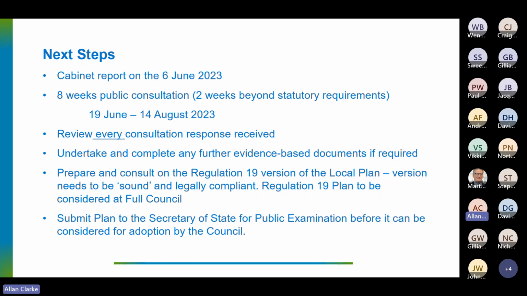We'll then look next year to consult on the final draft of the local plan, and that's the version the council considers sound and legally compliant, and that will be considered at full council. And then we submit the plan to the Secretary of State for examination before it can be adopted by the council.